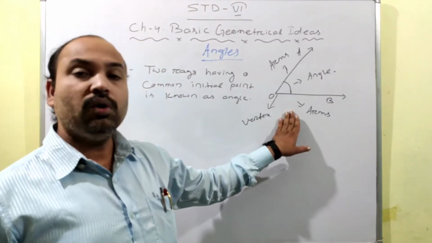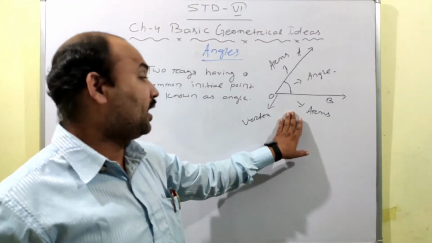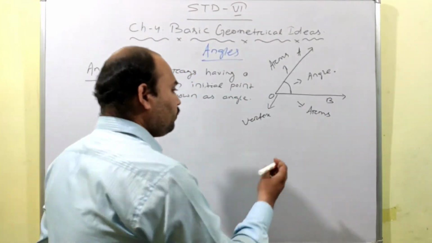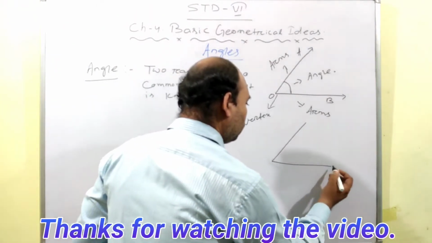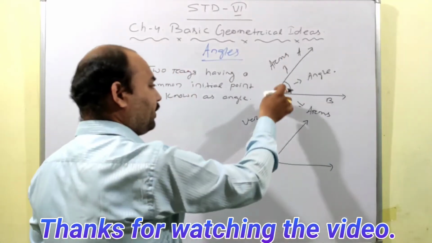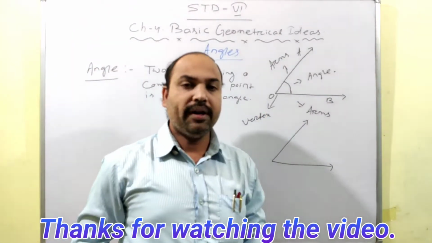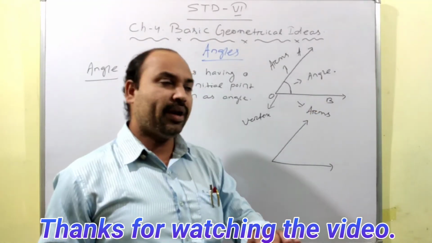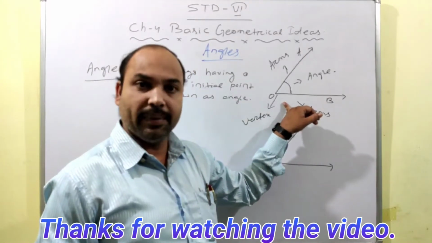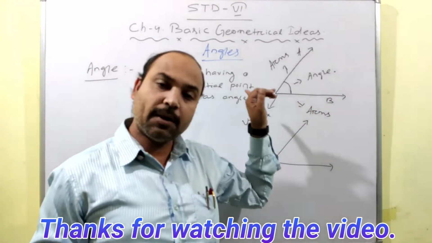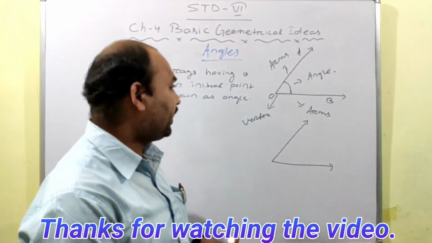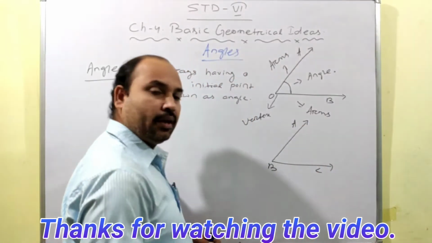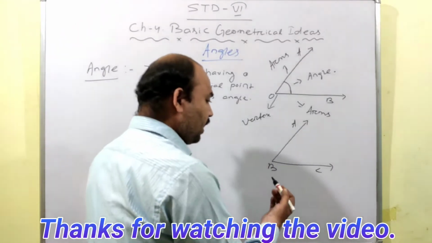Then how to name the angles? There are various types of names we can give to an angle. See, it is one angle I am drawing. Already you can write one name, AOB. When we take three letters to name an angle, we always put the vertex in the middle, and we say that at that point the angle is formed. So when I give here the name ABC, ABC is an angle.